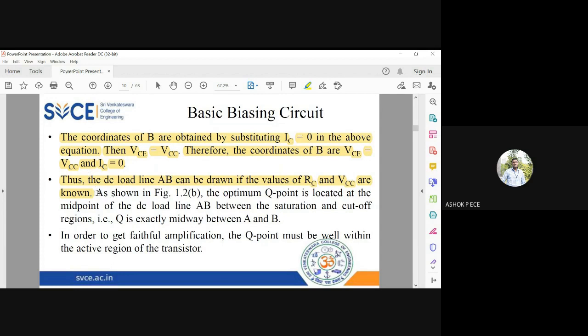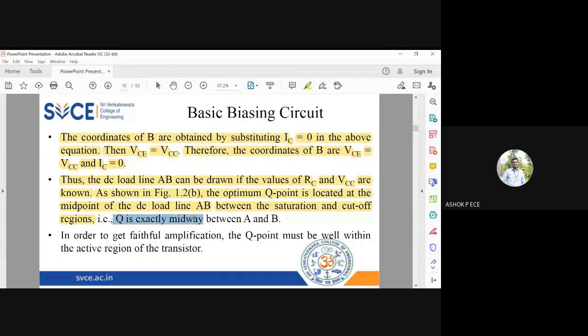And as I told, the Q point is located exactly at the midpoint of AB. Midpoint means you will be dividing the maximum value by 2. That's why I said it is the maximum collector current divided by 2 and the maximum applied voltage divided by 2. And I can say this Q point is going to lie exactly between the two regions, saturation and cutoff.